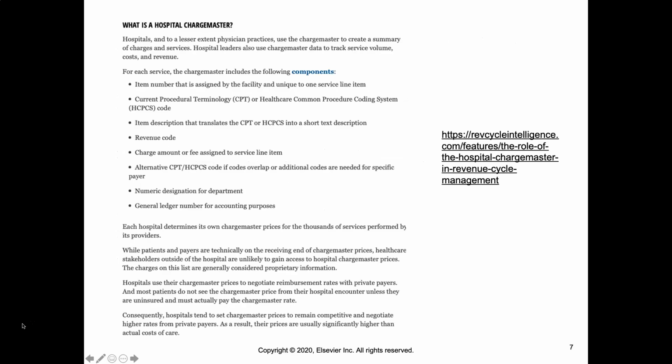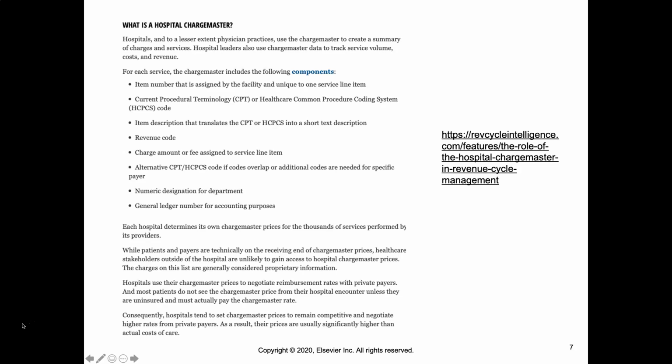So, for each service, the charge master includes the following components: the item number that's assigned by the facility and unique to one service line item, the CPT or HCPCS code, the item description that translates the CPT or HCPCS code into a short text description, the revenue code that's associated with this, the charge amount or fee assigned to the service line item.